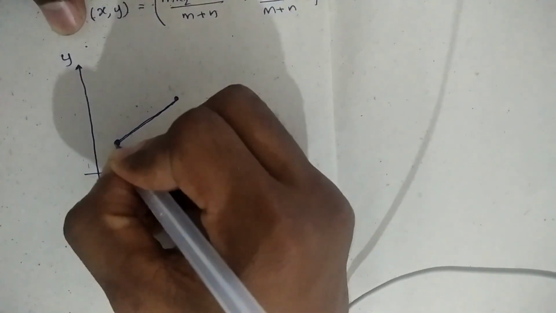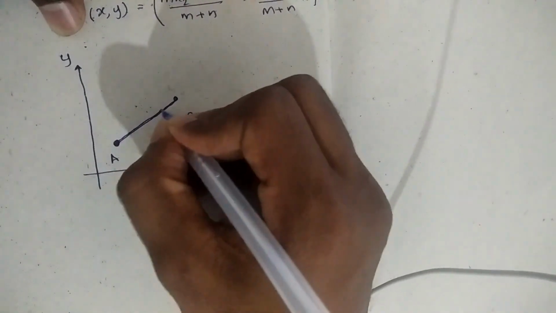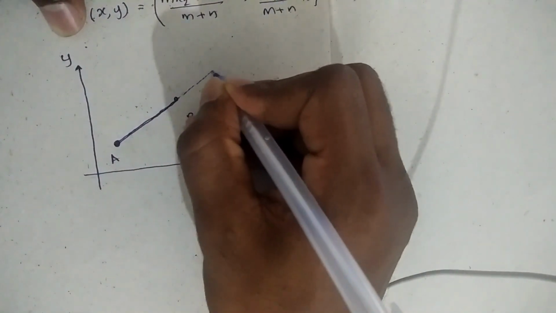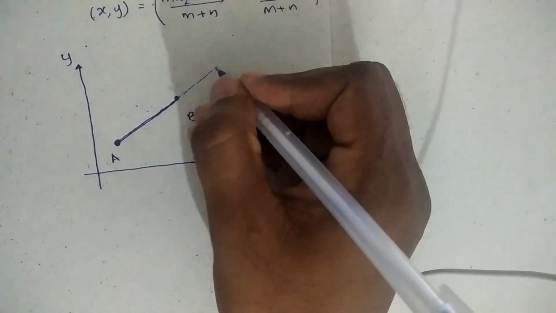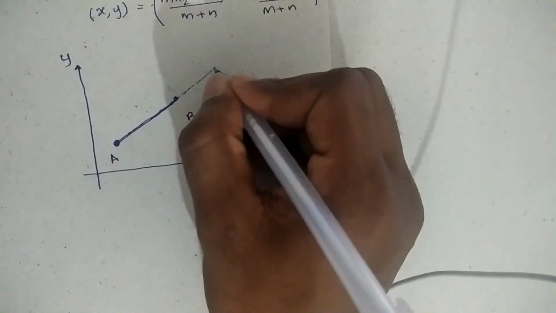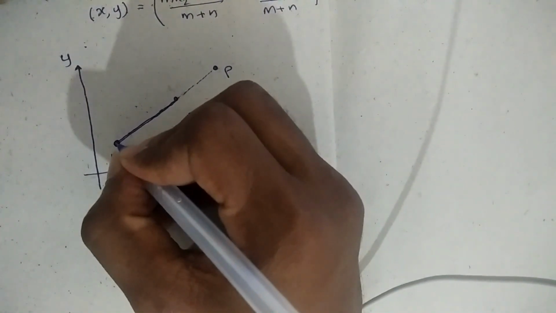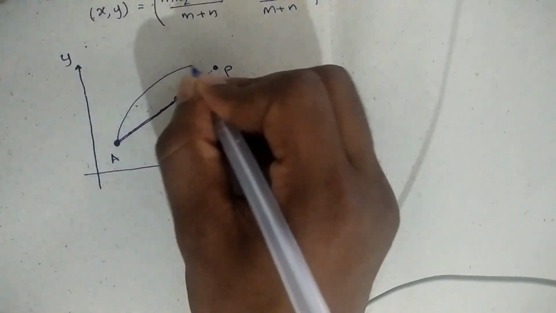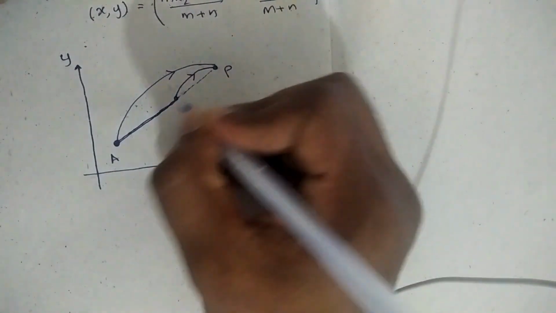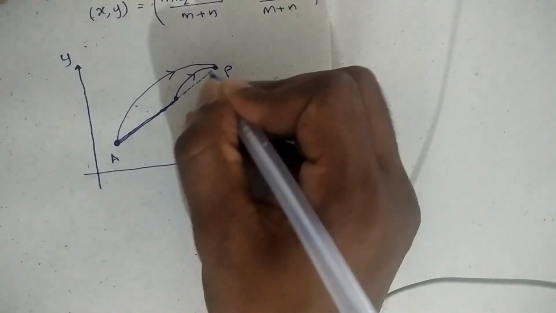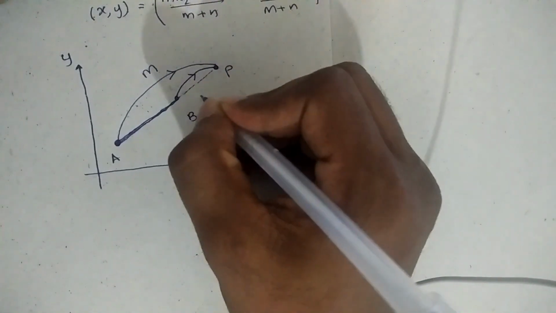If a point cuts a line externally, then that point must be at a place where the line AB is being produced, somewhere like this. Now the ratio AP to PB is what we need to think about. Let's say AP is m and BP is n.